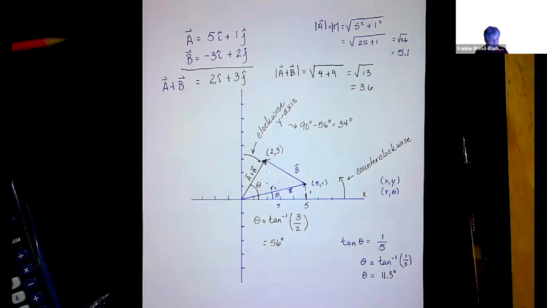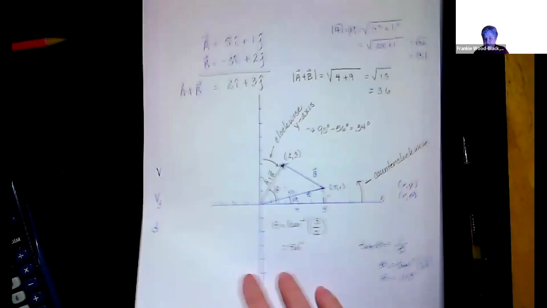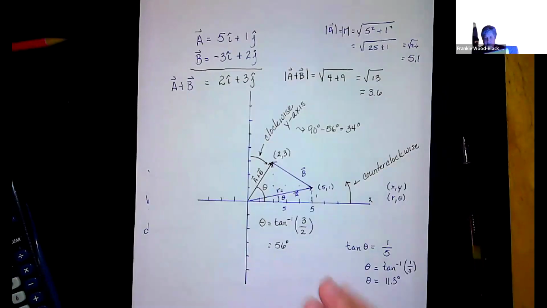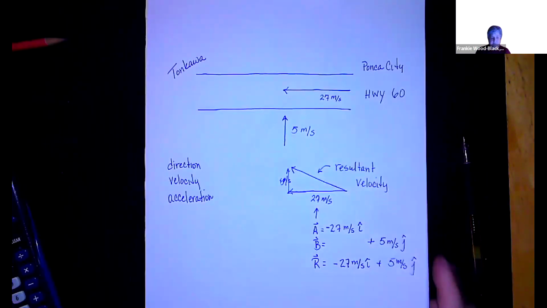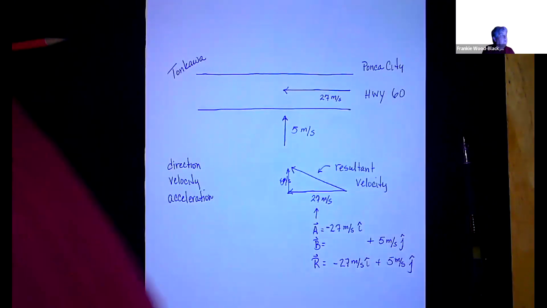So hopefully that gets you guys started on your chapter 3 homework. It should give you enough to be able to do the couple of vector problems that are on the test. And then everything else is coming from chapters 1 and 2. So I'm going to hit stop recording here.